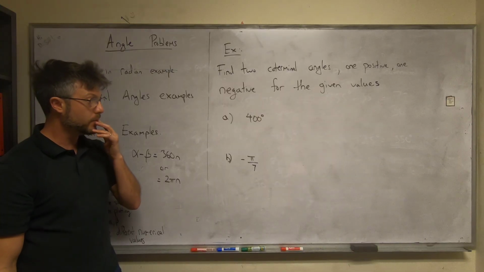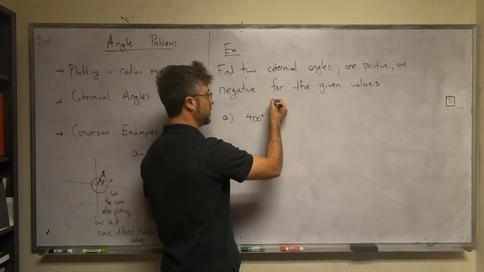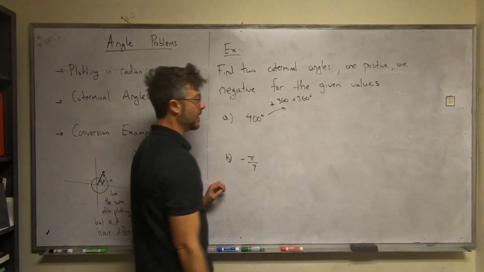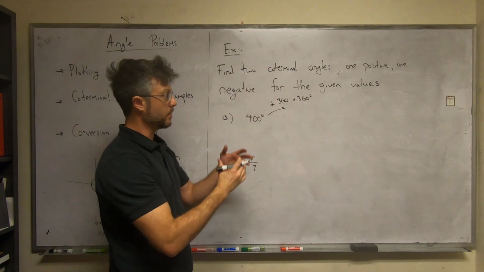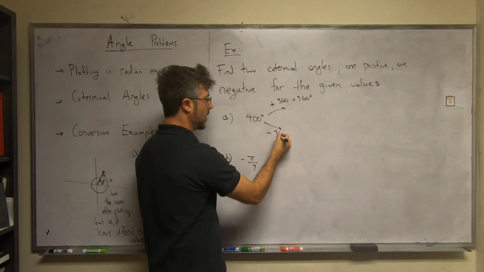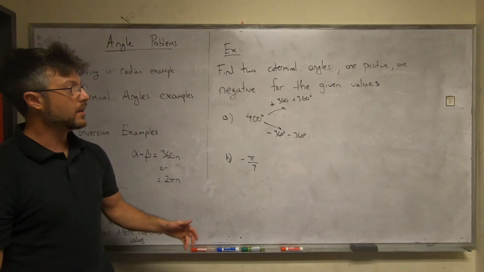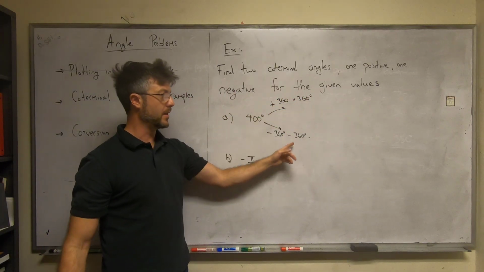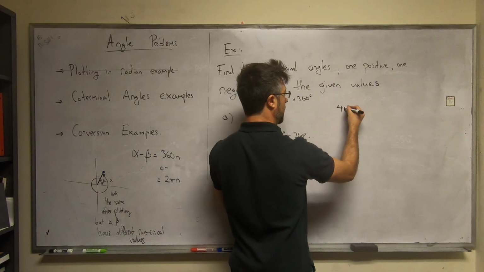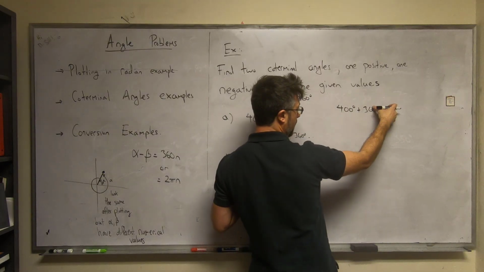Okay, so the solution is definitely non-unique, but the idea is that we need to add copies of 360 as many times as required in order to produce a new coterminal angle that's different than this one. And likewise, we might have to rotate backwards by a certain number of magnitudes in order to find one that's coterminal but negative.